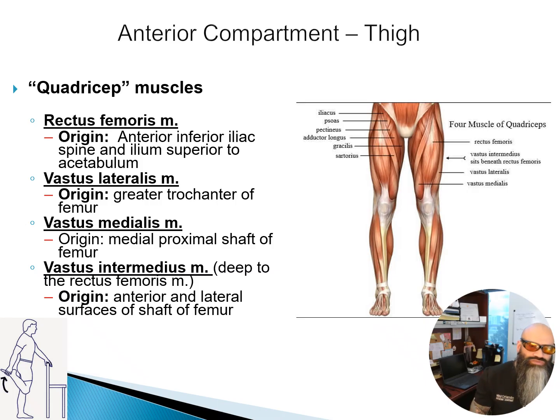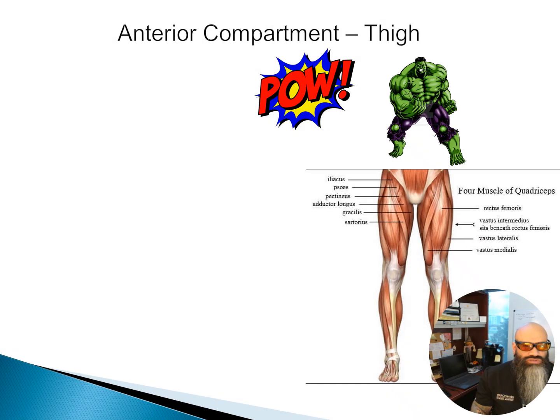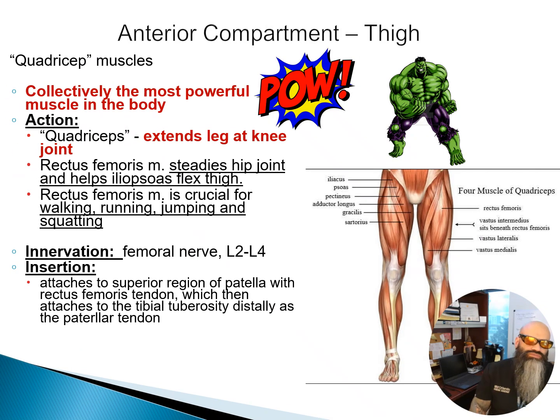I'm not going to go in depth on the intricacies and then show the origin of the quadricep muscle. They are a very powerful muscle group and they help with knee extension. Femoral nerve L2 through L4 is the spinal nerve root origination for all four of these muscles.